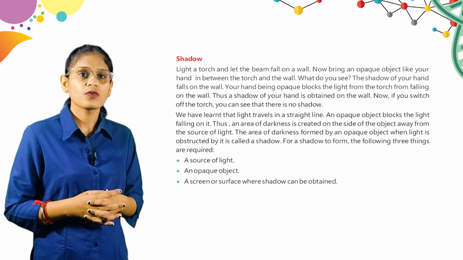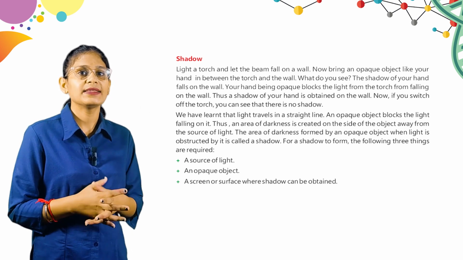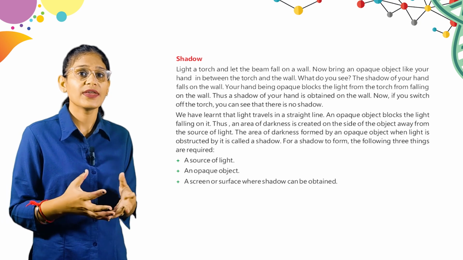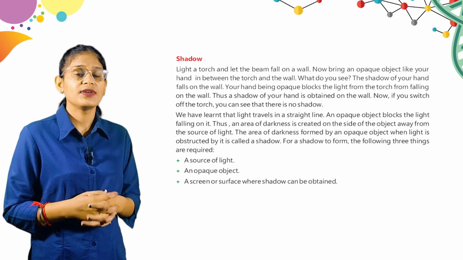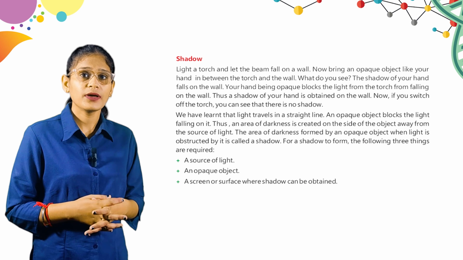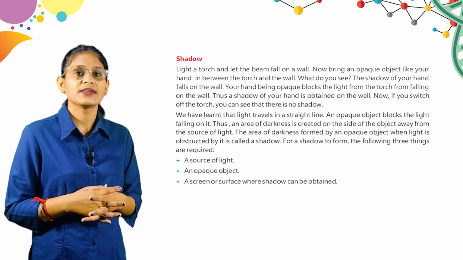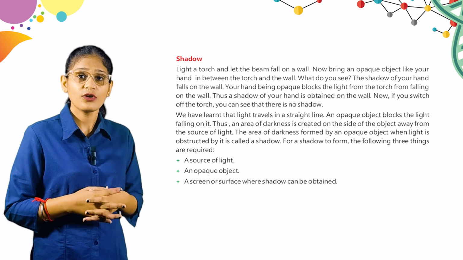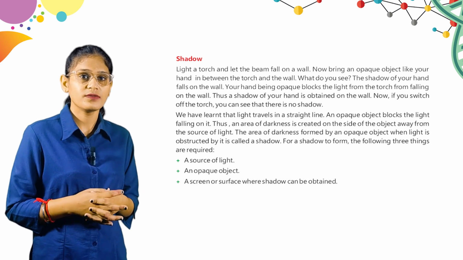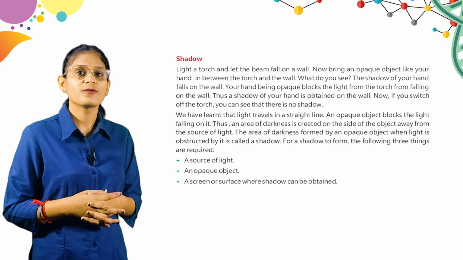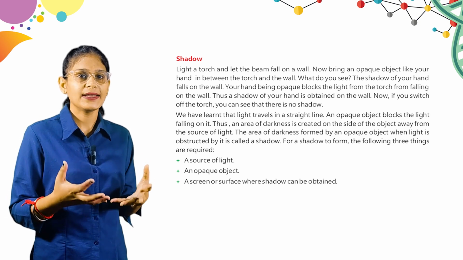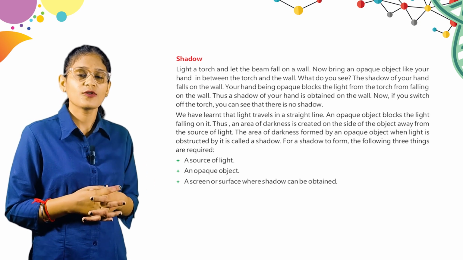Now, if you switch off the torch, you can see that there is no shadow. We have learned that light travels in a straight line and opaque objects block the light falling on it. Thus, an area of darkness is created on the side of the object away from the source of light. The area of darkness formed by an opaque object when light is obstructed by it is called a shadow.